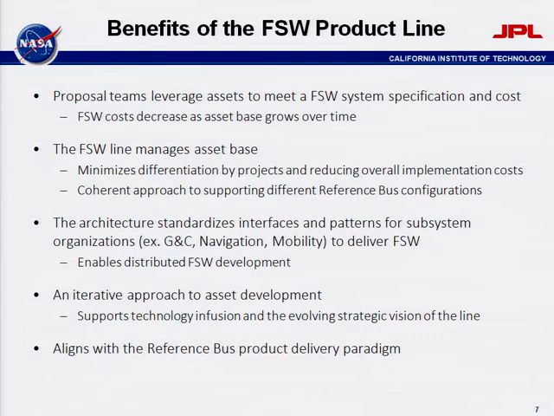It must evolve as technology evolves and as our strategic vision evolves. So by developing these assets incrementally and iteratively over time, we can infuse the new technologies and store them in our asset base for use on future missions. And as I said before, it aligns nicely with this idea of a reference bus product delivery paradigm.